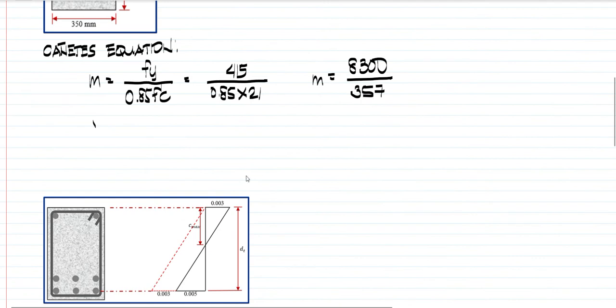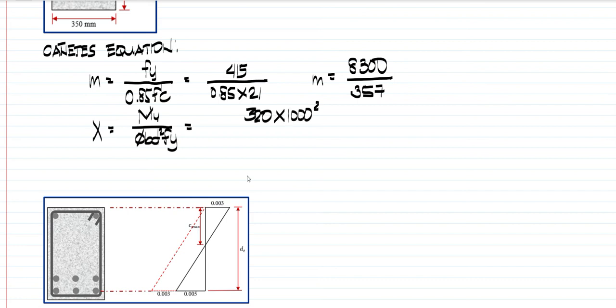Next is i-determine natin yung value x. So that will be x is equal to Mu over phi b d squared fy. So that will be equivalent to, syempre yung Mu natin is 320. I-multiply natin yan ngayon sa 1000 squared para maging Newton mm. Kasi puro mm yung nasa units na nasa ilalim. So, yung phi natin automatically, since we are on the design phase, that is 0.9.